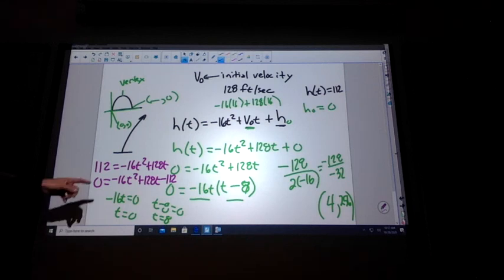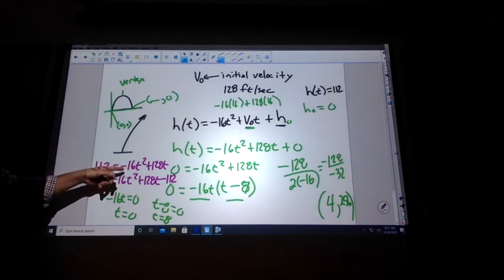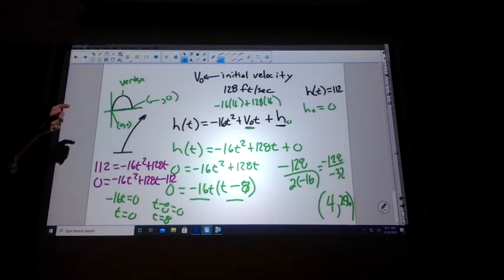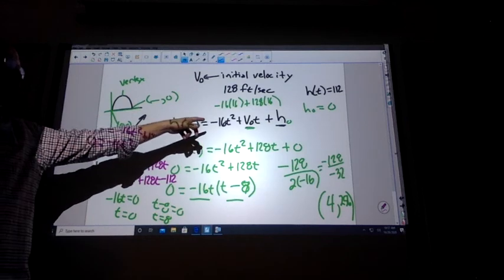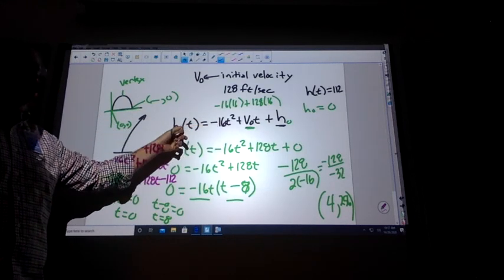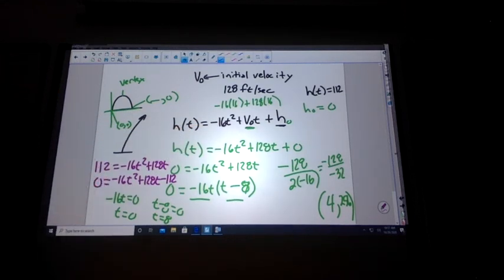That's what this will find you: 1 and 7 are the two things that work. Plug 1 and 7 back into the original, and you'd find that this is going to be the 112. So it will definitely work.